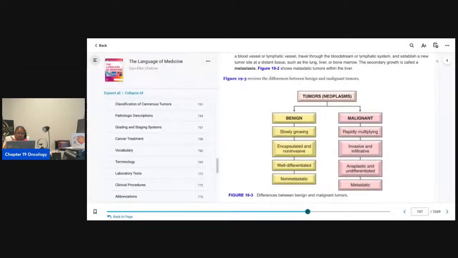If you didn't get that, you can always write that down. I just want you to know the comparison between the benign tumor and the malignant tumor. Some of us have family that have either a benign or malignant tumor. Benign, maybe you can cut it out and it's done. Malignant means that it is going to rapidly grow. So again, get that down, put that on your card.